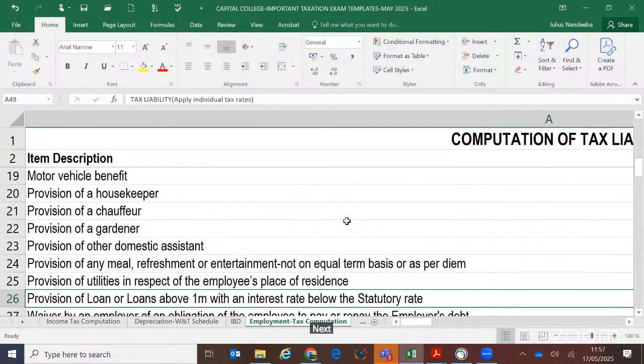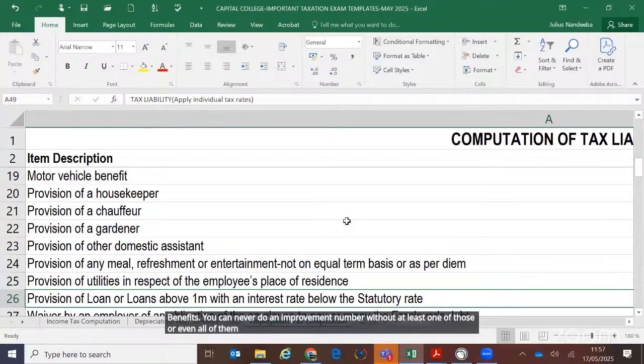Next is, this one is also a must understand. Actually, there are 3 things that require you to understand how to calculate them: motor vehicle benefits, housing benefits, and loan benefits. You can never do an employment question without at least one of those, or even all of them.